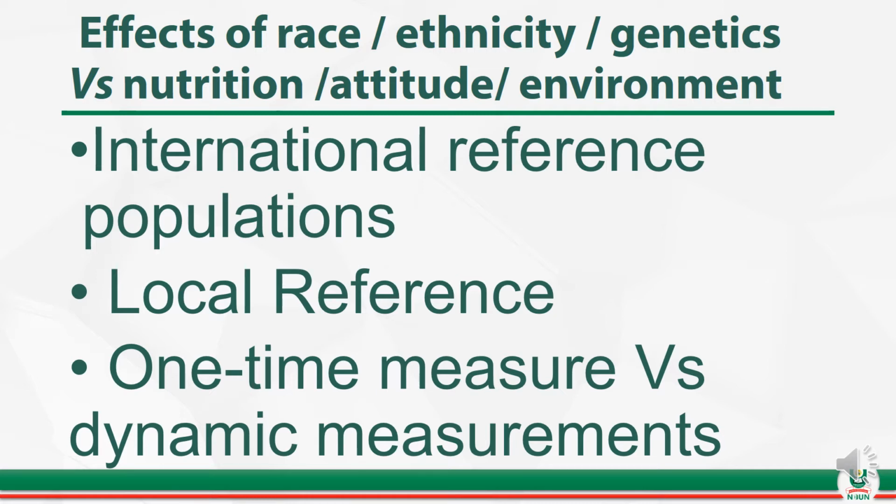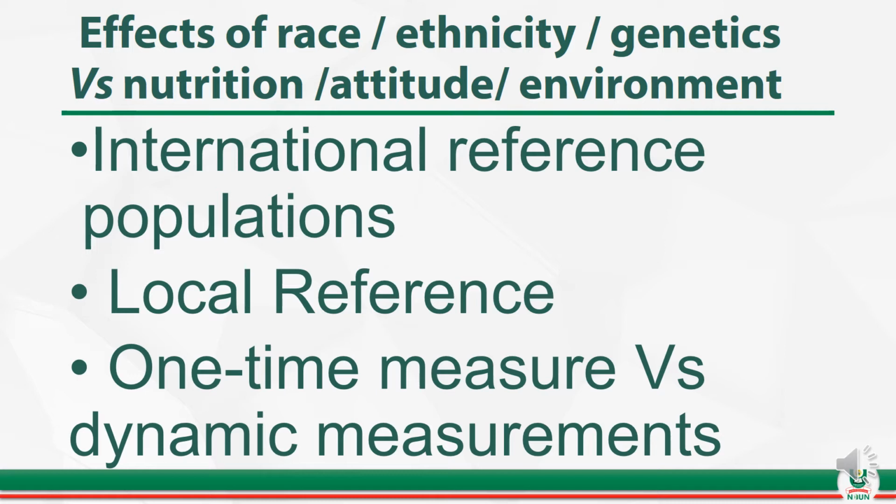So the trend over time based on race, ethnicity, and some genetic makeup versus the food people eat, their attitude, and the environment where they live affects the international reference range for weight, height, and all that in different populations. Also, the local reference range is determined by the ethnic group.